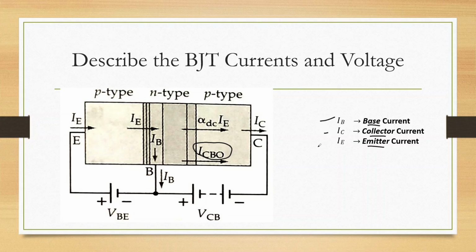With respect to majority charge carriers, the flow of electrons from the emitter is your IE, and a few of the electrons will be absorbed in this particular base and flow out, that will be the base current IB, and the majority charge carriers which are collected across this collector, that we call the collector current IC. And these are the voltages VBE, VCB and VCE.